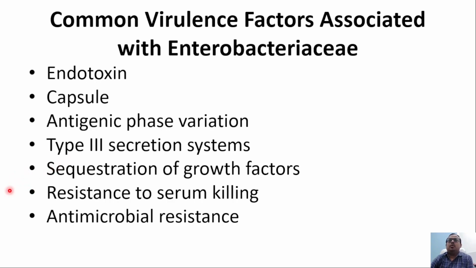Now, the other virulence factor can be sequestration of growth factors. We all know that bacteria need certain growth factors, in the form of iron, which is important for growth. But this iron is bound in the host in the form of heme proteins like hemoglobin or myoglobin, or it is bound to chelating agents like transferrin or lactoferrin.